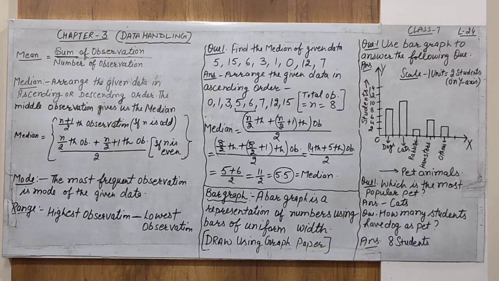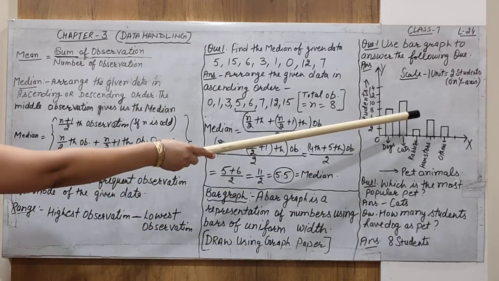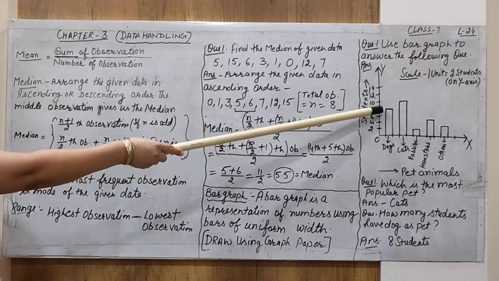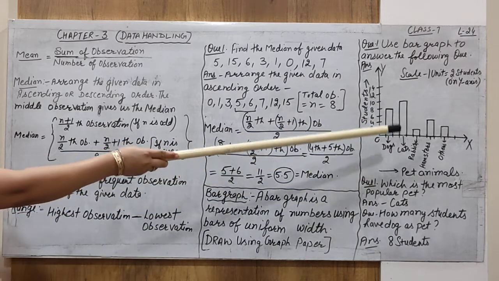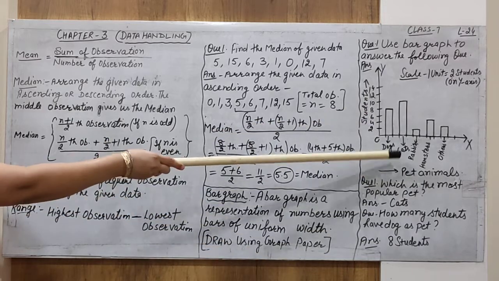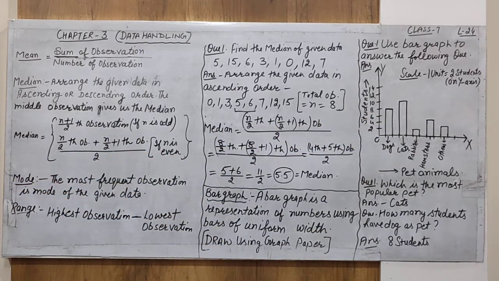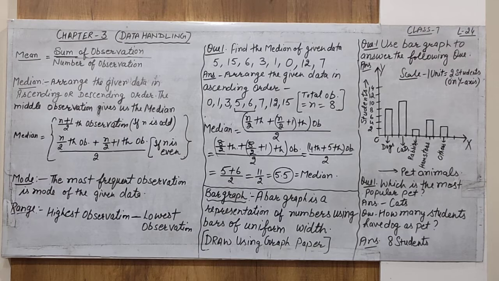First question, which is the most popular pet? You can select the bar. Now you can see for the dogs, how many students use dog as pet animal? 8. For cats, we have 10 students. For rabbits, we have 2 students. For hamsters, we have 5 students. And for other animals as pet animal, we have 3 students.